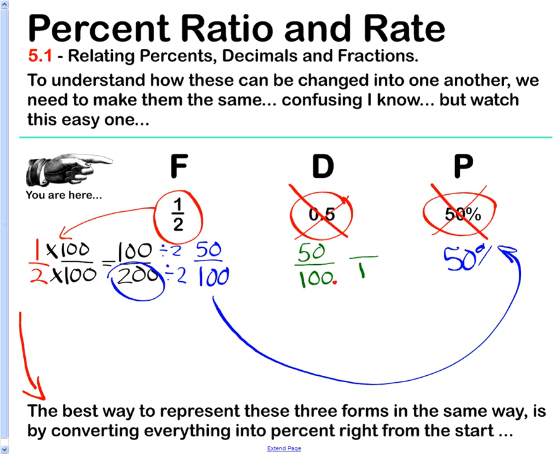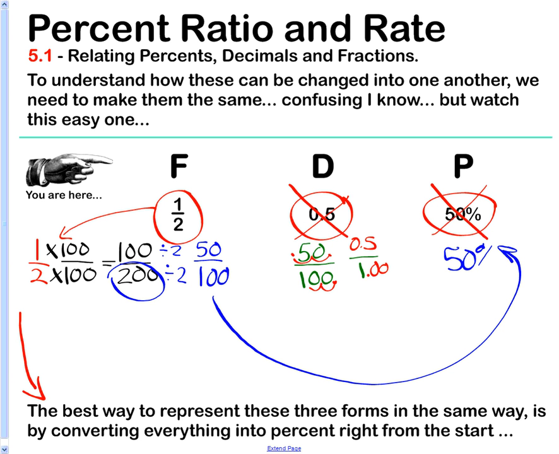We imagine that there's a decimal here and a decimal here, and we just slide this over to the right because decimals are measured in 1. So when we slide those two decimals over, we end up with a 1.00. What we do to the bottom, we have to do to the top. So let's slide those two over, and we get 0.5. Once we've got that, we've got our decimal.